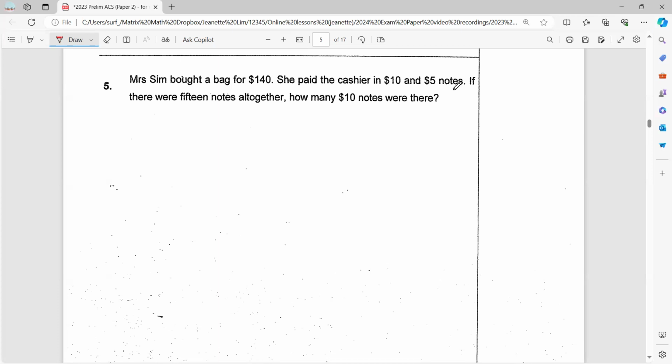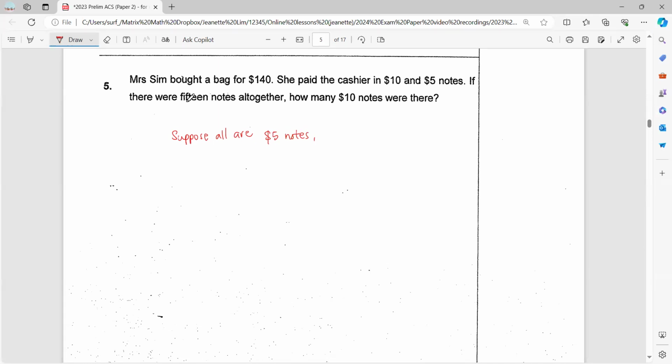So let's look at that. Suppose all are, if you are finding $10 notes, right, start off with $5 notes. So suppose all are $5 notes. If all the notes are $5, how much would you actually get?